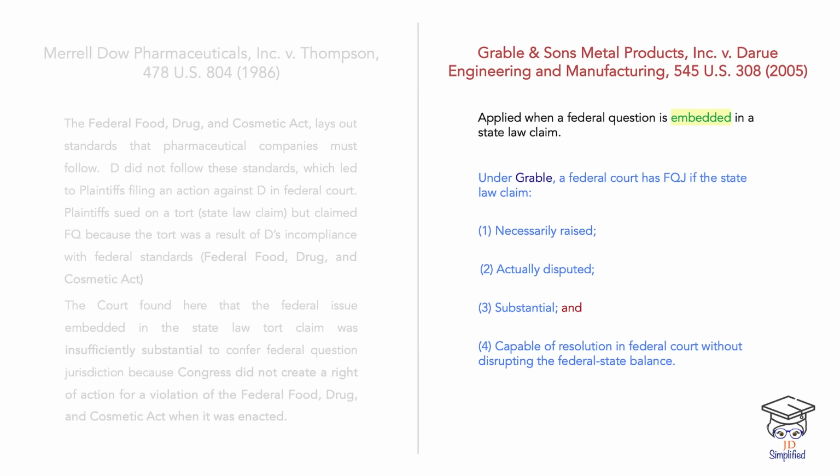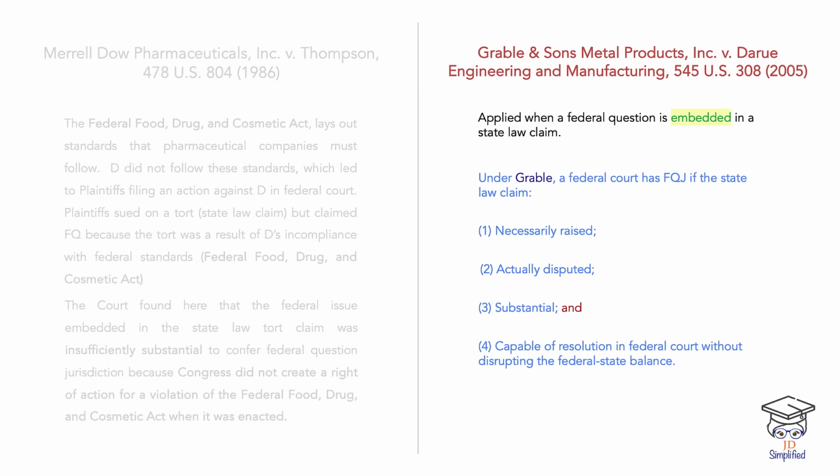So here, 20 years later, in Grable, the court is basically saying, well, just because a federal cause of action is not created explicitly when Congress enacts the law, that's not definitive evidence that no federal jurisdiction exists under this federal issue, right? Just like Merrell Dow, the lack of an express cause of action is relevant on how significant the federal question is. Yes, true, but it's not dispositive.